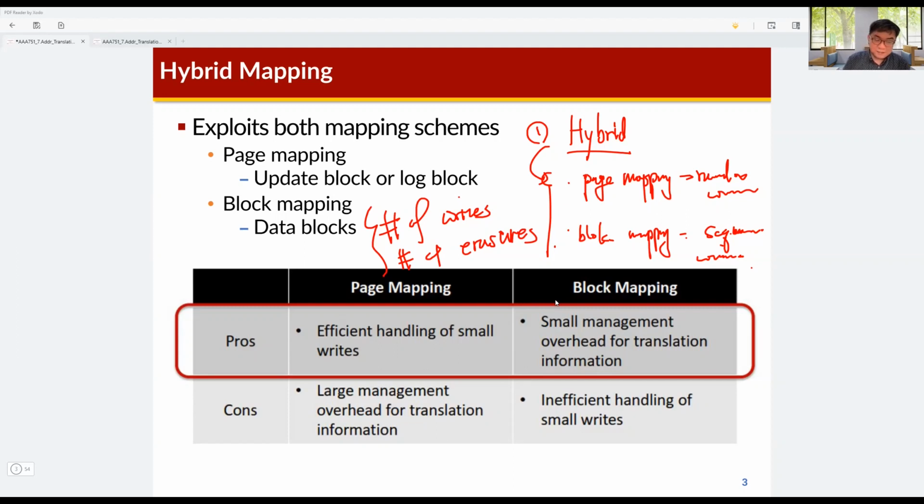That is page level mapping. So with the page level mapping, we don't need to consider the number of writes or erases, because the write operation is performed at page granularity.